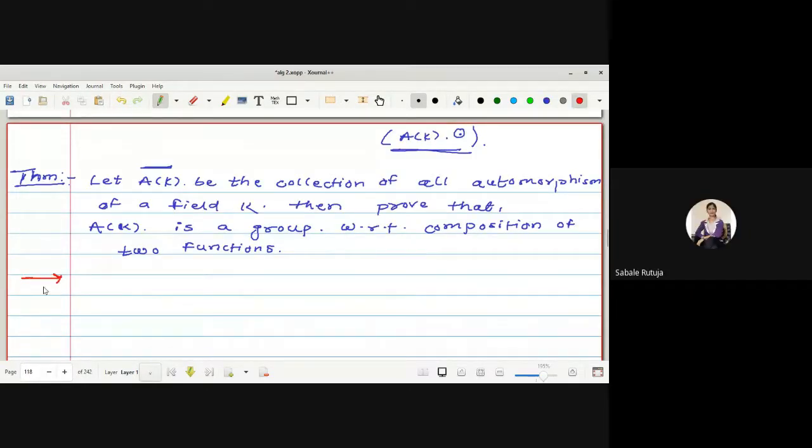No, sir. Okay, now let A of K be the collection of all the automorphisms. Write down all the given things.